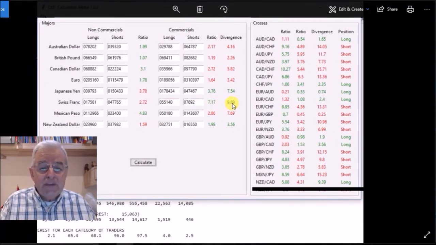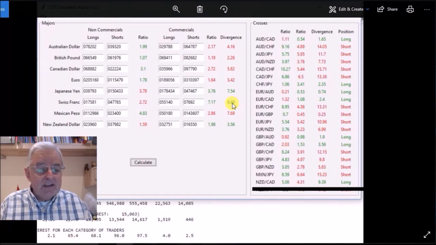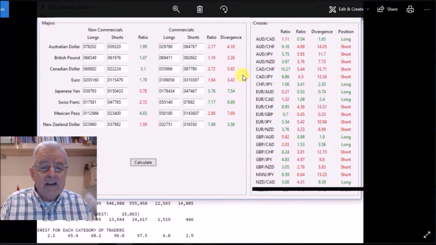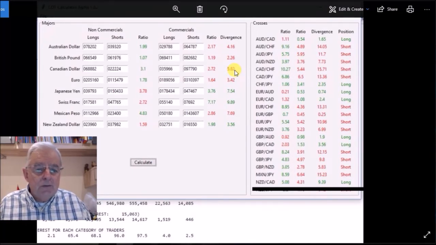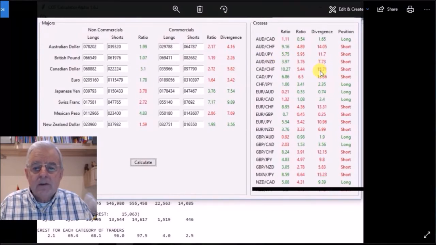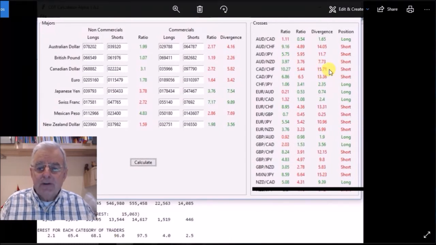And if you put that against a currency that is basically short, like the Canadian dollar, as it's got a short divergence at 8.82, that gives you, let me just see, Swiss franc, Canadian dollar, Swiss franc has got a short divergence of 15.71. So that's an extreme divergence.